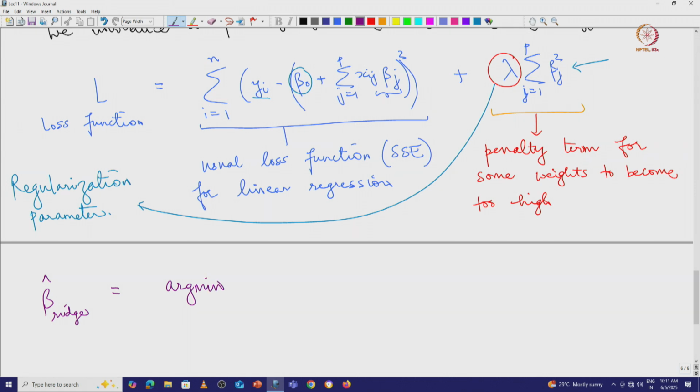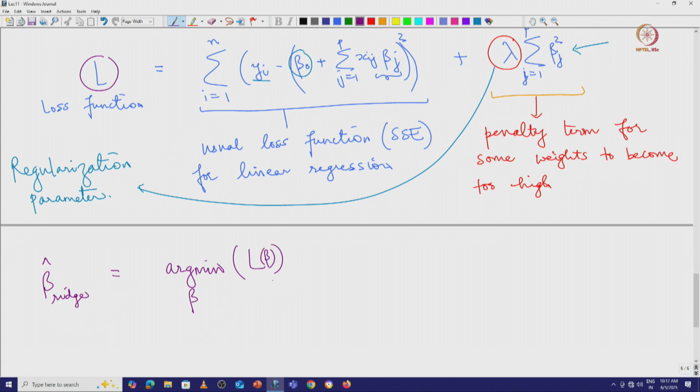So that is called argmin, and you are minimizing over the parameters beta and you are acting this on the loss function. Okay. So this is L, and if you do argmin of L which depends on beta, then you will get the optimal set of parameters beta. Okay. So this is one way of doing it, by writing the penalty term with a regularization parameter.